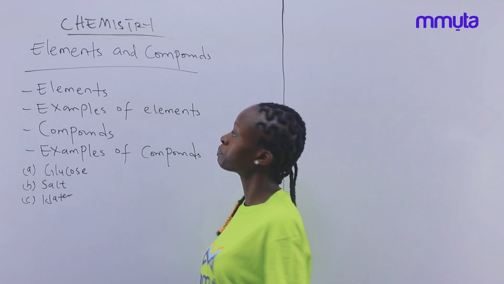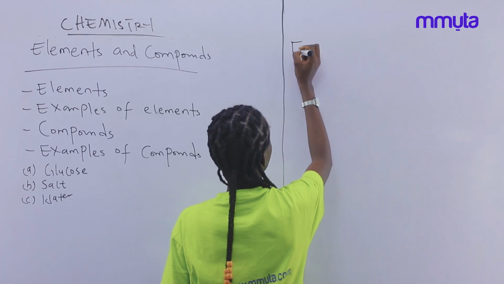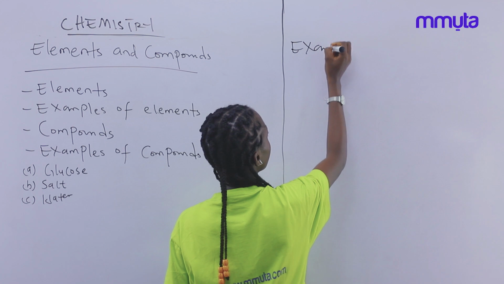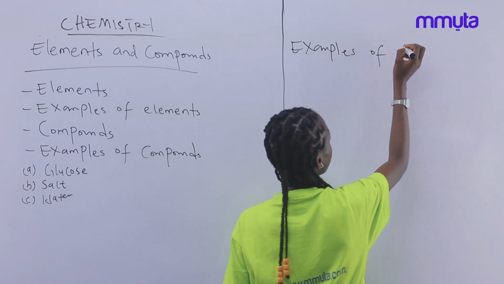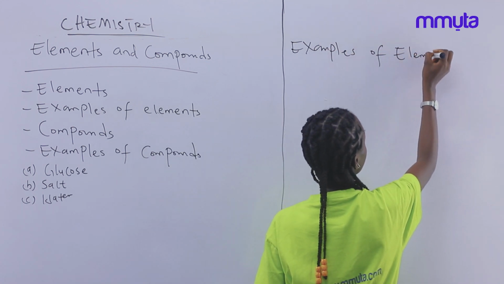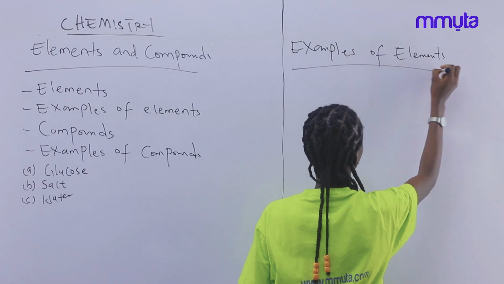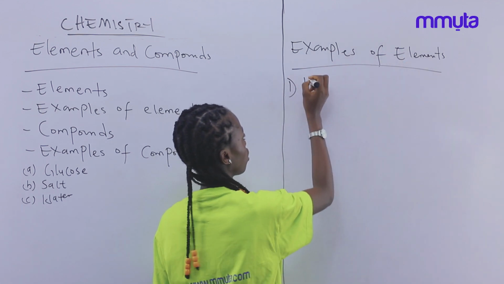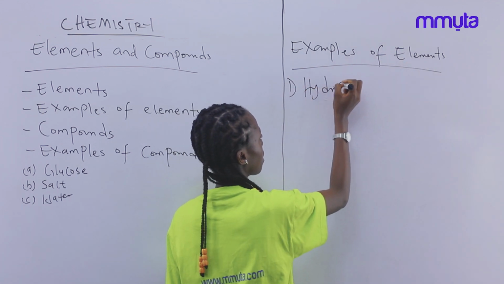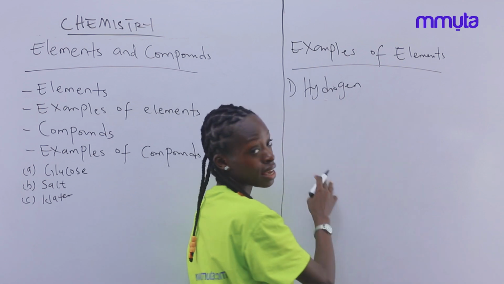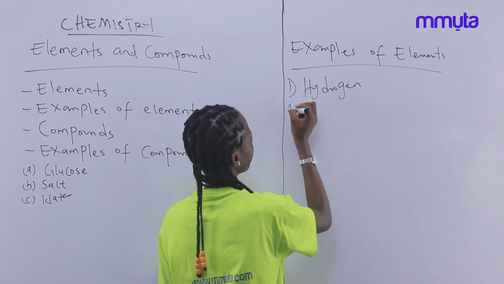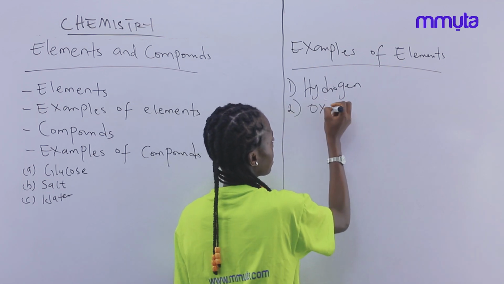Let's take some down. Examples of elements. I said we have hydrogen. Hydrogen is the first element in the periodic table. We have oxygen.